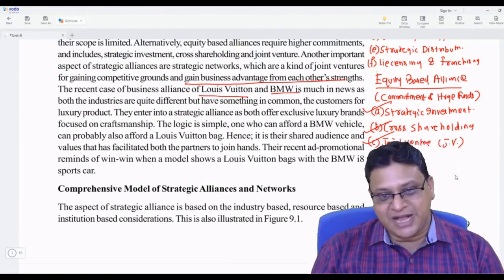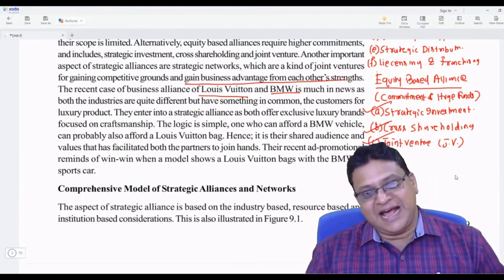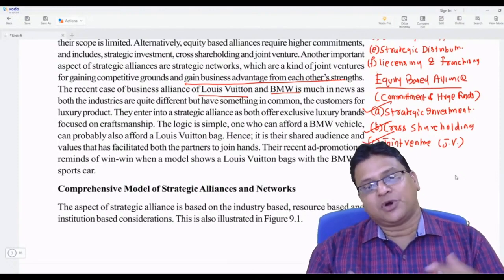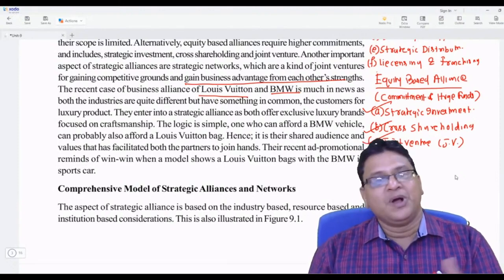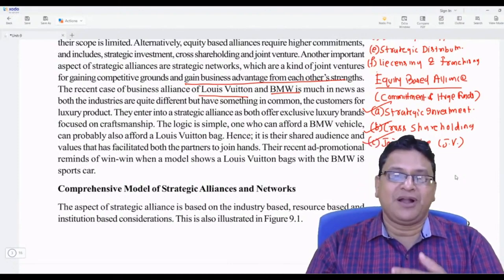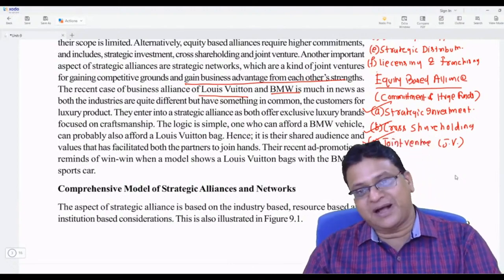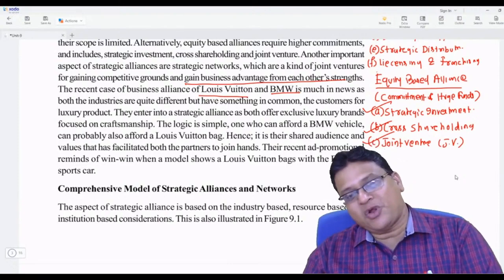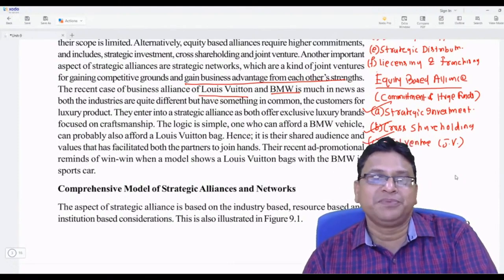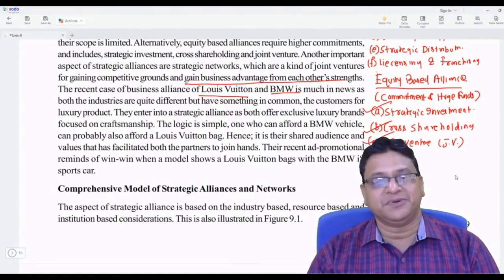BMW is a luxury car maker and Louis Vuitton is a luxury product maker. They make an alliance together because the customers of BMW and the customers of Louis Vuitton are more or less the same, and they want to take advantage from each other. Anyone who buys a BMW car, there is cross selling of Louis Vuitton bags to the customers of BMW cars. So there is an alliance between Louis Vuitton and BMW.